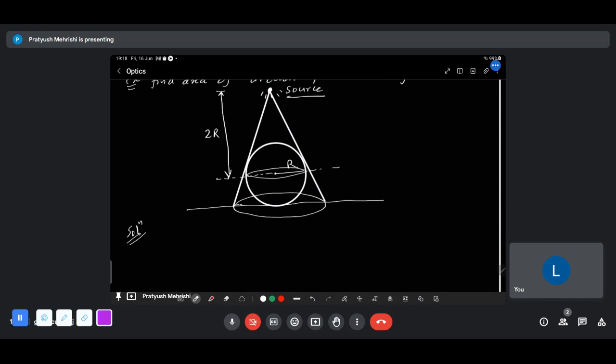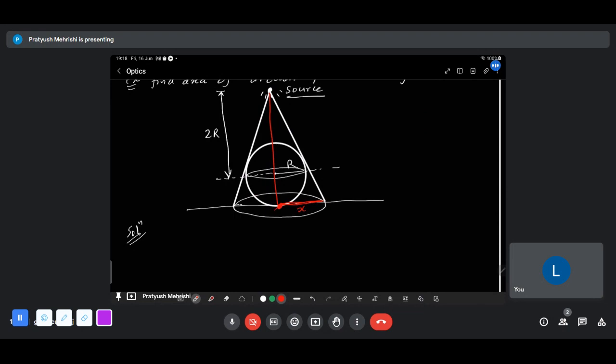We need to calculate the area. For calculating the area, first we need to find out the radius. Let us take this radius as x. To calculate the radius, drop a perpendicular from the vertex to the center of this larger sphere.